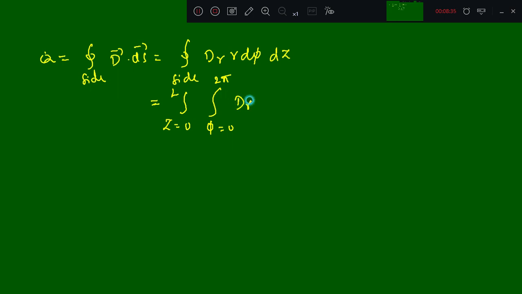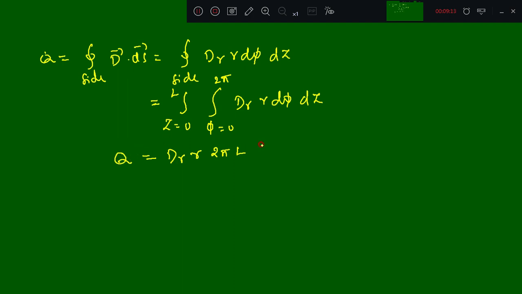Dr is constant, so take Dr outside. R is also constant, so take it outside. Then, substituting phi, it will be 2 pi into L. This is the Q value.